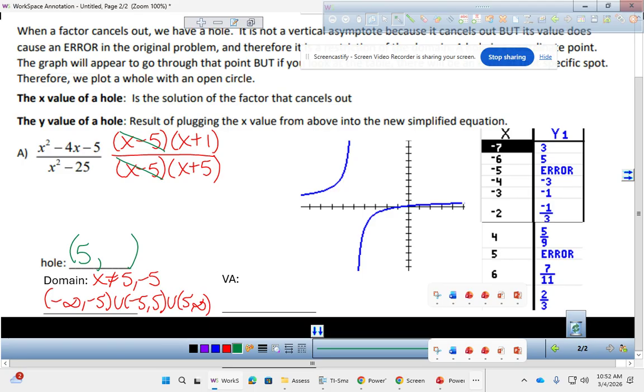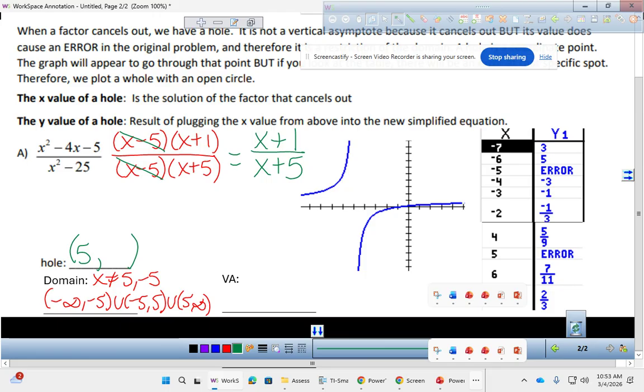What I'm going to do is I'm going to rewrite this problem without the canceled out factor. So this is the same as x plus 1 over x plus 5. I'm rewriting the problem without the x minus 5s. We okay with that? And then I'm going to plug the 5 into the x's.